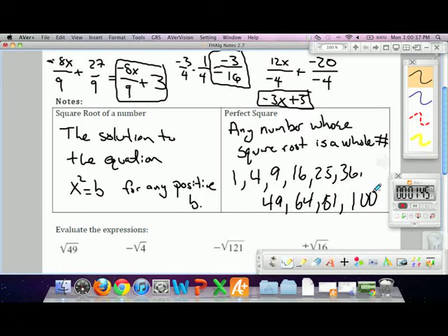We get each of those numbers by taking 1 times itself, 2 times 2, 3 times 3, 4 times 4, 5 times 5, 6 times 6, 7 times 7, and so on.